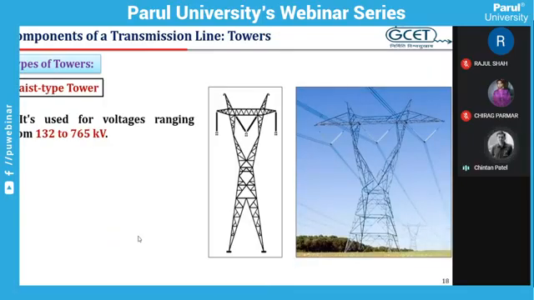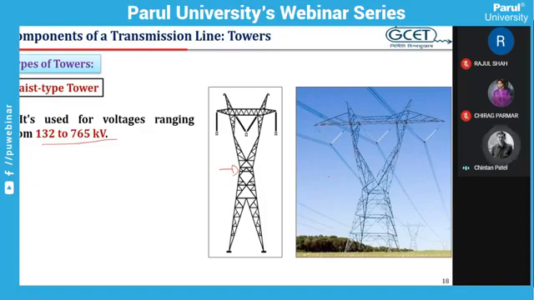Okay. Now, further, there are a few types of towers based on their shape. Among them, the first one is the waist type tower. So you can see this is the waist, like our human waist. This type of design is used for voltage classes from 132 to 765 kV.